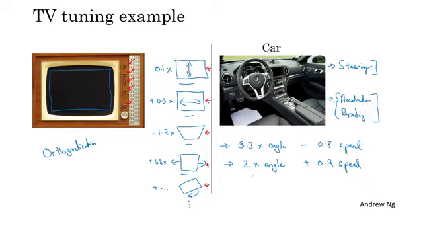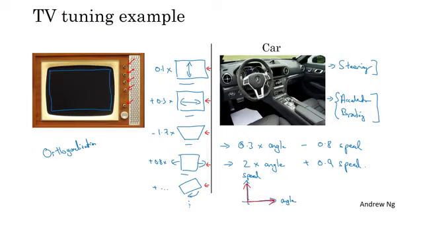So the concept of orthogonalization refers to that if you think of one dimension of what you want to do as controlling your steering angle and another dimension as controlling your speed, then you want one knob to just affect the steering angle as much as possible, and another knob, in the case of the car, is really acceleration and braking that controls your speed.